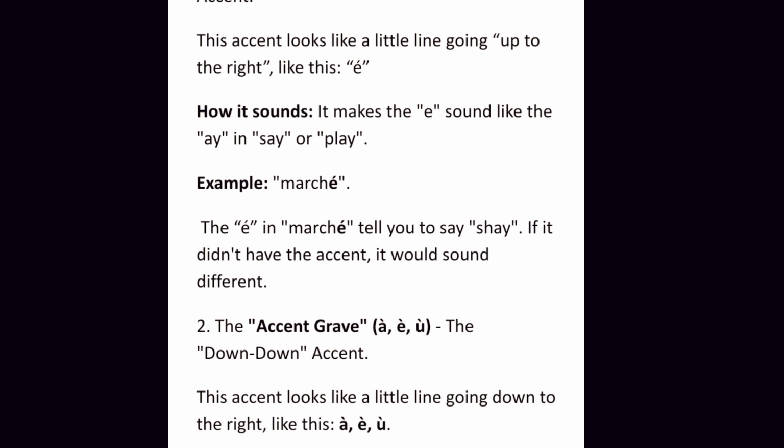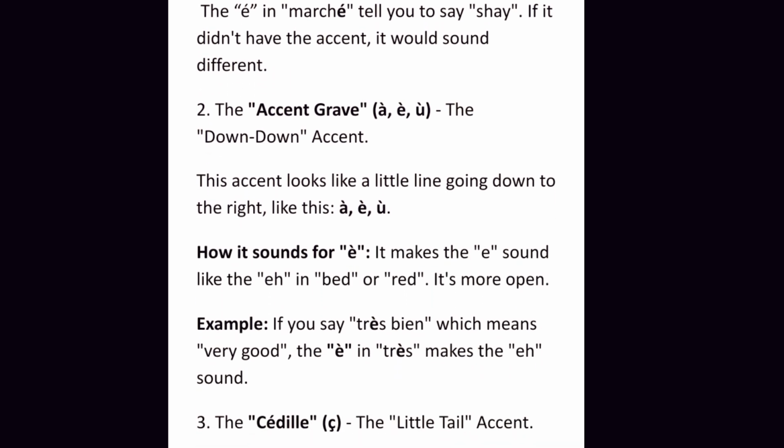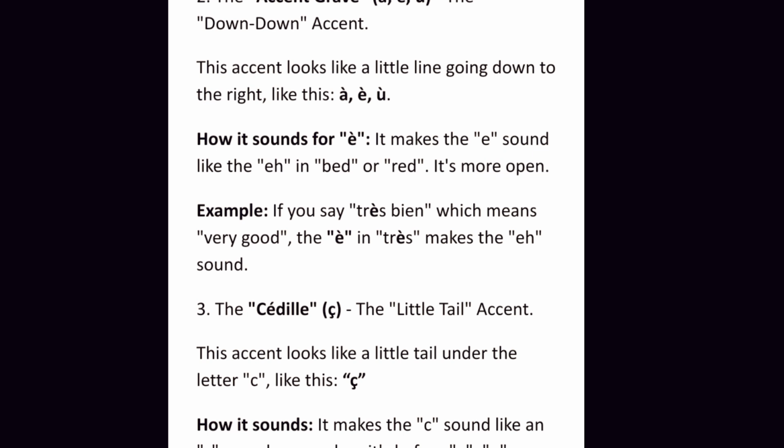All right. Now, let's go to the second accent. That accent is called accent grave, and normally you call it the down accent, because as you could see from the screen, the accent comes down.